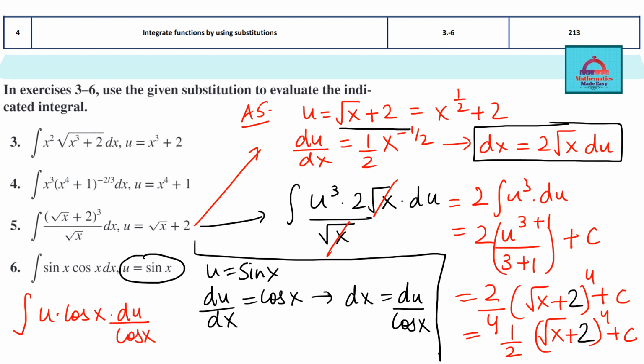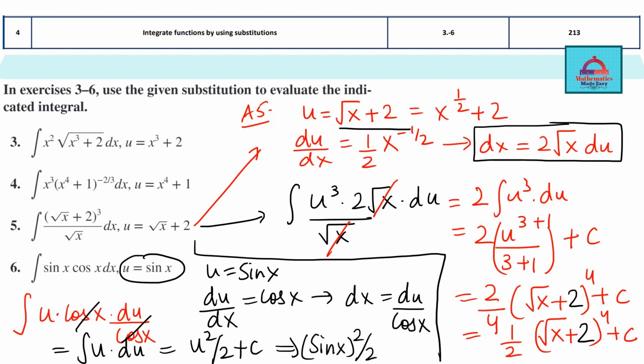Again, we cancel the common term. This is quite simple. Apply the power rule. Integral of u du becomes u square by 2 plus c. Put the value of u back, so it is sin x whole square over 2 plus c. So that's your final answer for this question.